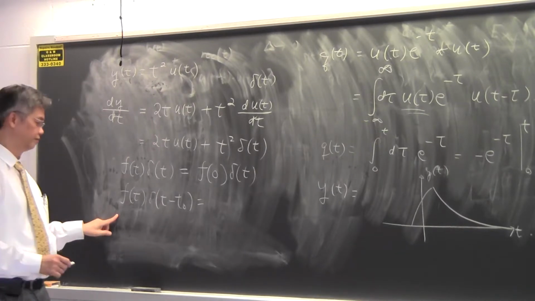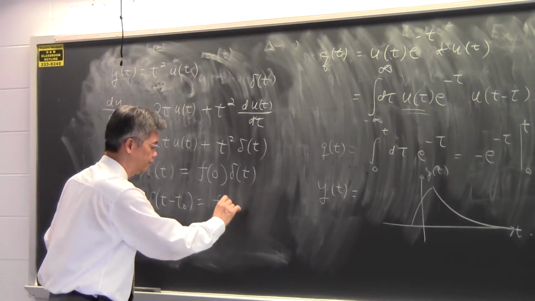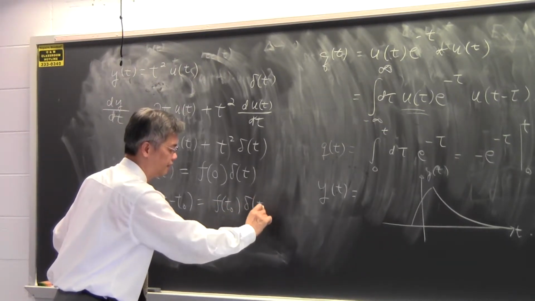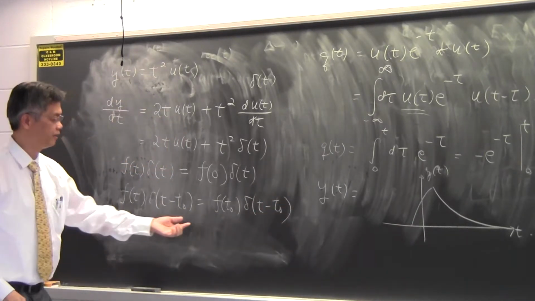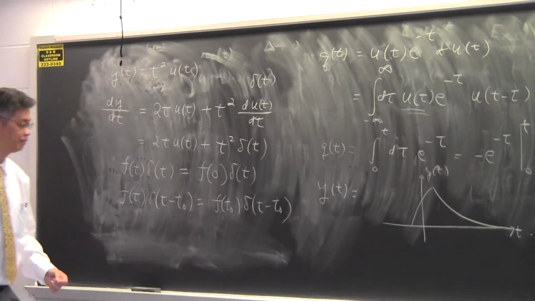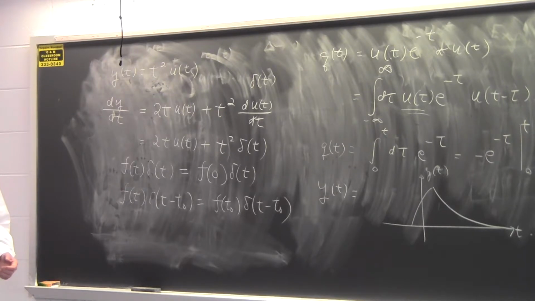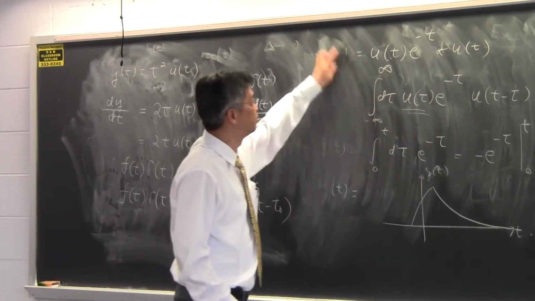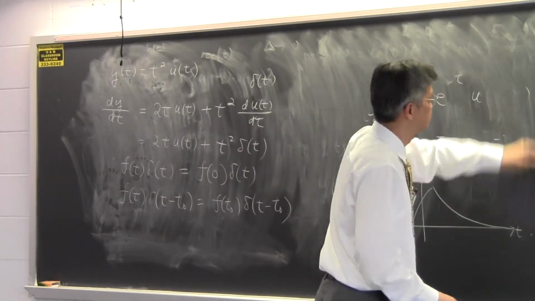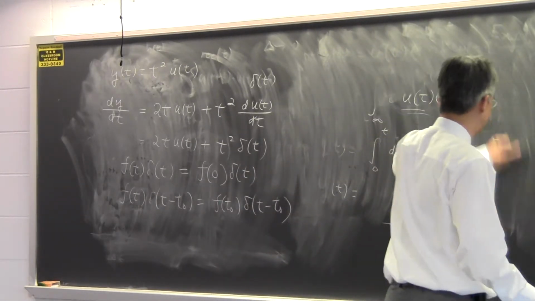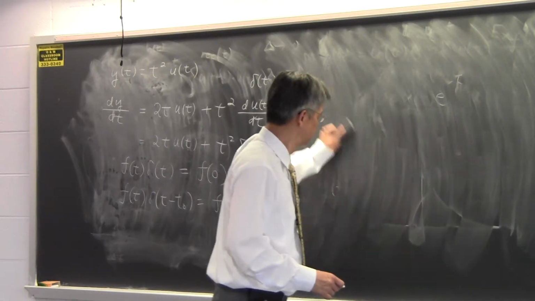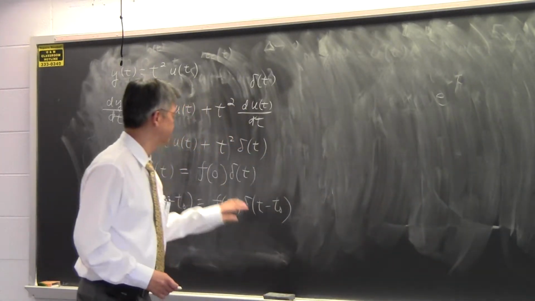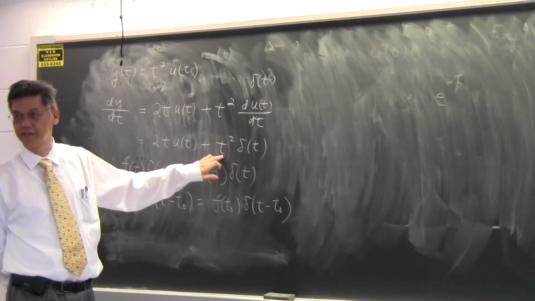F of t0, very good, times delta t minus t0. In other words, those coefficients that are multiplying your delta function always become a constant. So if you were to invoke this principle, what happens to the second term?